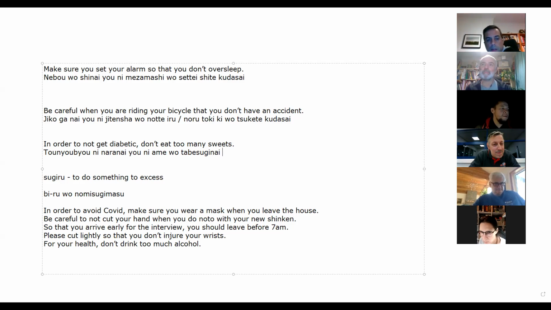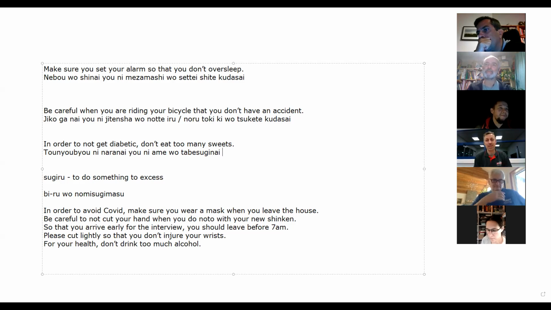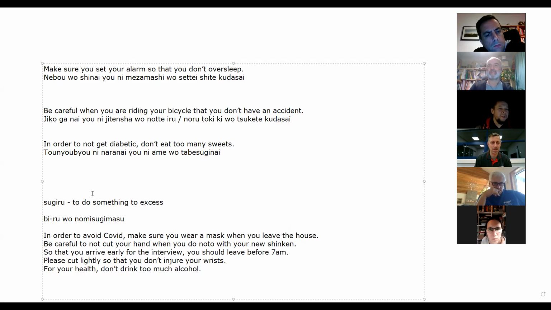How do I turn this into a command or a request? Well, just kudasai. But we have to do something with tabesuginai, don't we? Okay, so how do you say please eat? Tabete kudasai. So the thing to be careful of when we're giving requests is that this verb is always in the te form. The magical te form.